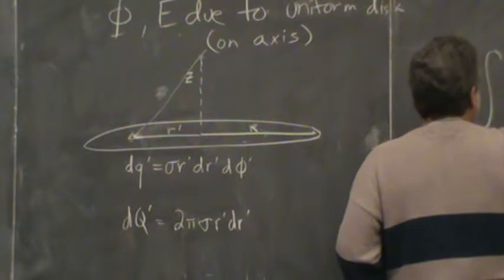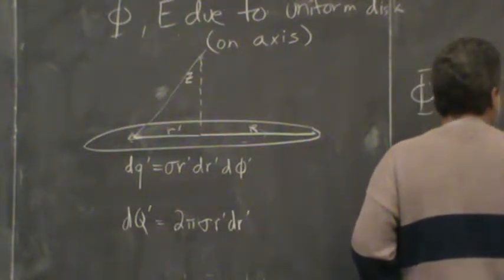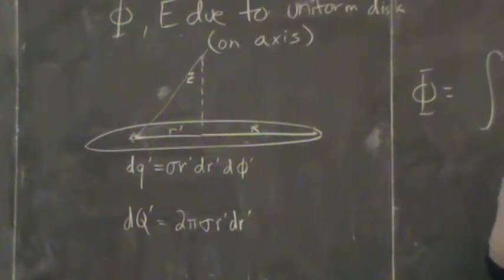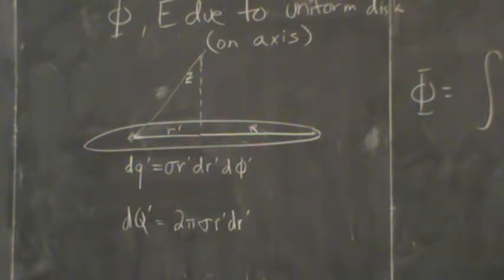Then I want to find the potential due to that. And that's the integral of rho over the magnitude of r minus r prime, dv prime over the primed region. My charge on the z-axis is a delta function, and so now I just have to do the area integral, and that's going to look like 2 pi sigma times the integral of r prime dr prime over the distance, which is r prime squared plus z squared to the 1/2.